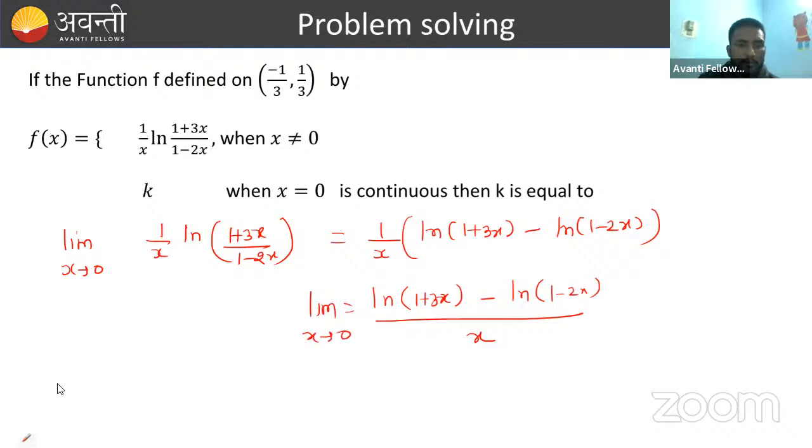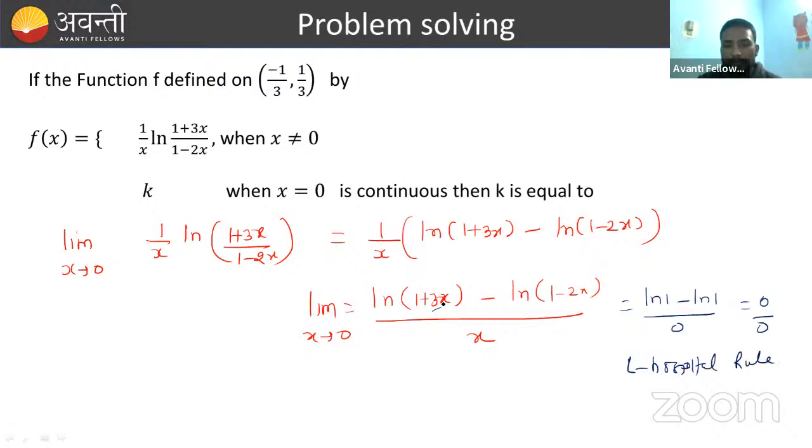If I put in the value 0, we get ln 1 minus ln 1, which is 0, divided by 0, so it is coming as 0 by 0 form. If it is 0 by 0 form, then what will happen? We can apply L'Hospital rule, right?